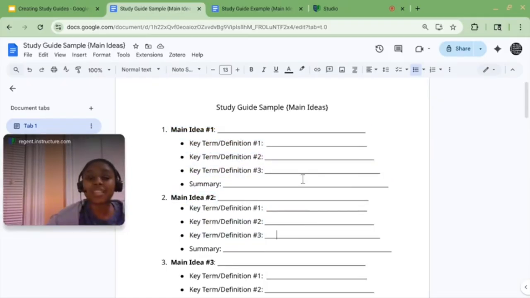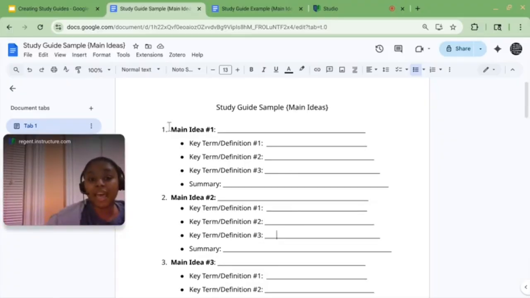You might have a test where your professor will use that test to assess you on how well you know a chapter or how well you know an overall book. And so in that case, you want to organize your study guide according to chapters rather than main ideas.